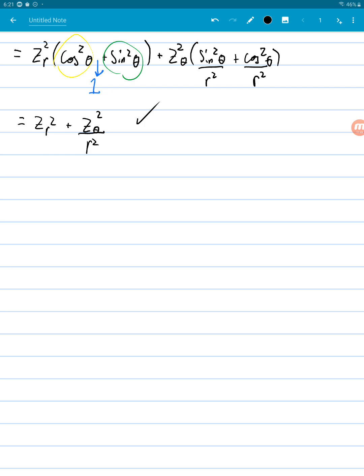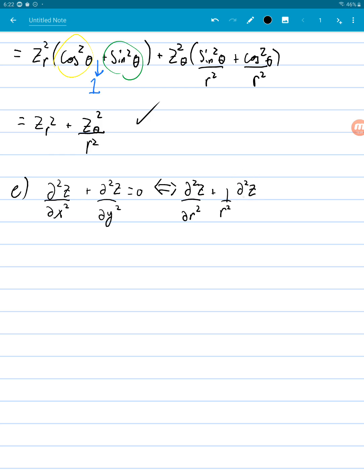So, for part E, we want to show that if the second derivative of z with respect to x plus the second derivative of z with respect to y is equal to 0, that then implies that the second derivative of z with respect to r plus 1 over r squared times the second derivative of z with respect to theta plus 1 over r times the derivative of z with respect to r is going to equal 0.